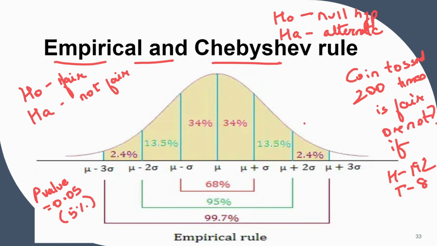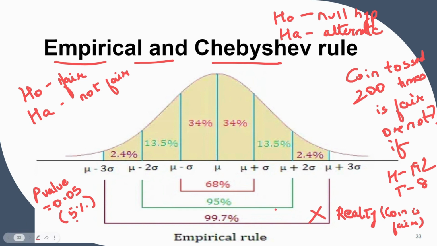This 5% means that if the coin is fair in reality, but we are saying that no, it is not fair, then there is only a 5% risk of this happening. A 5% risk of rejecting a null hypothesis that is correct. So this kind of error is called type 1 error.